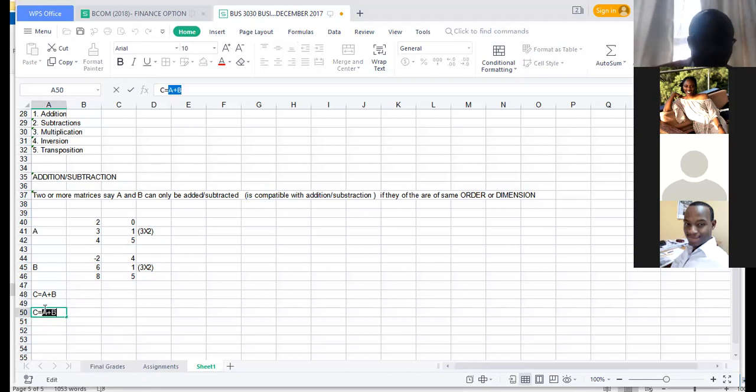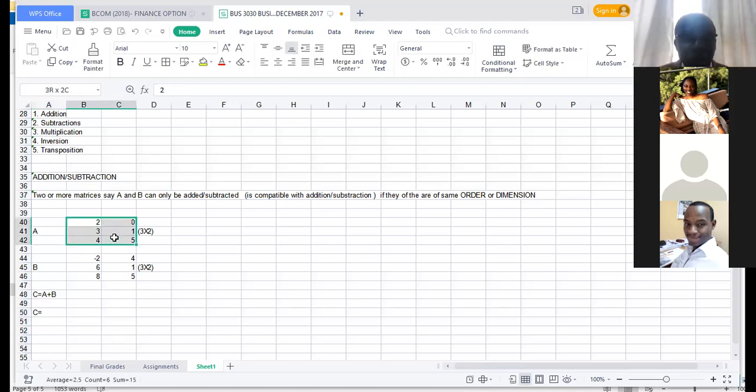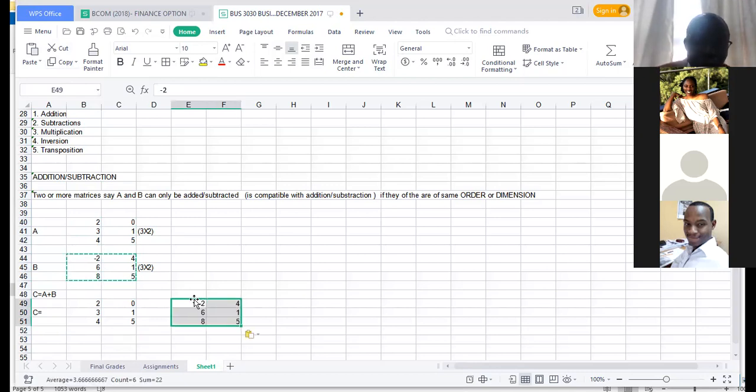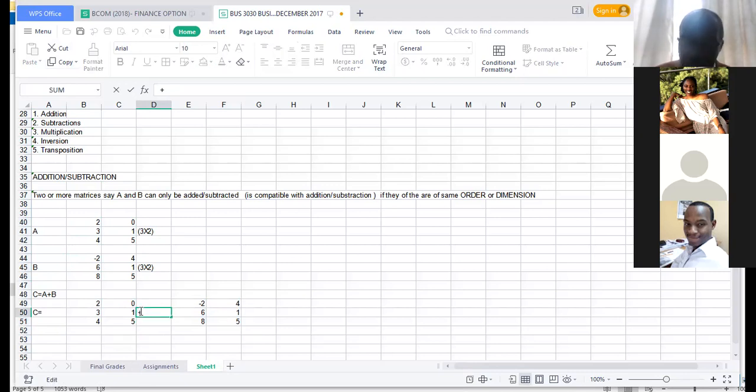This is our A, it doesn't matter where you put your A. And this is our B. Remember the square bracket, and then plus. You add them, A plus B equals to.